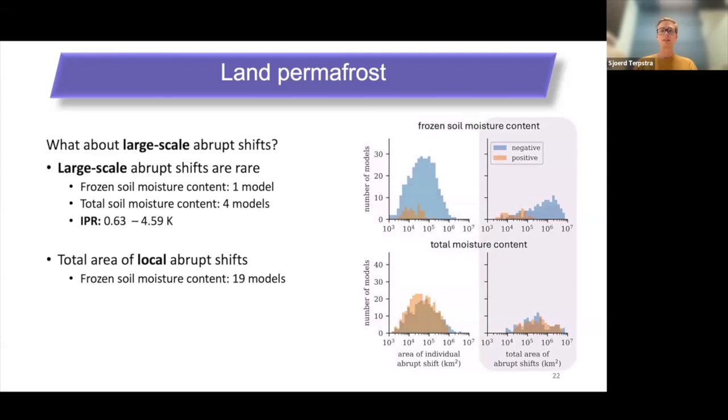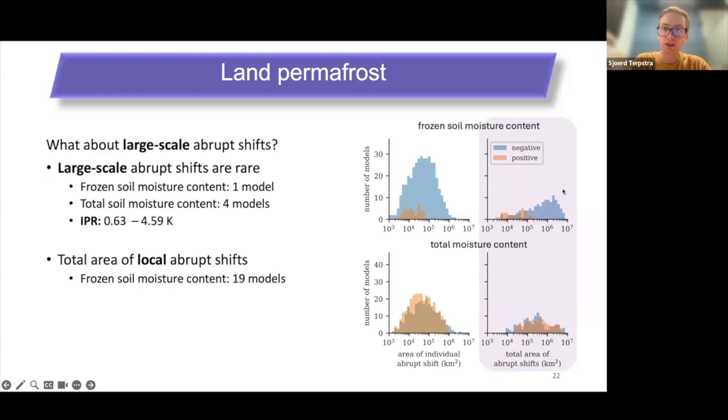Another way to look at this, we only did it for this system, is to look at the total area of abrupt shift on the grid cell level, so without the connected components, just to see what is the region size where locally you have a disappearance of permafrost. So we just add the area of all the individual shifts per model, and then make a histogram out of that.